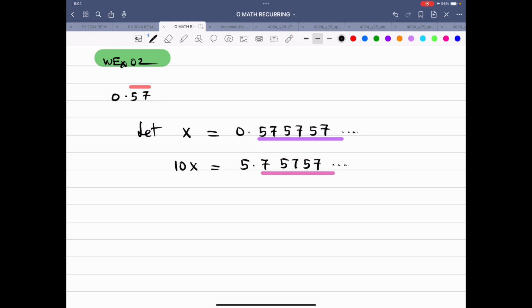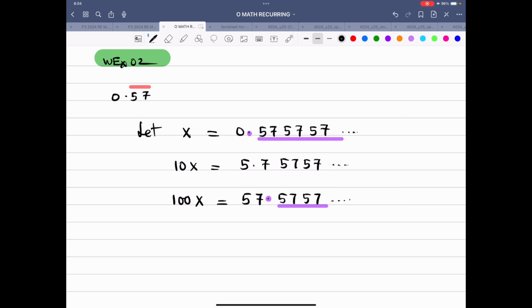That means I have to work in multiples of 100, and now you'll be getting the idea. The idea is, let me multiply it first, 57.5757 and so on. Make sure that you have the exact same thing after the decimal. Let me change the color because the purple and the pink almost look the same.